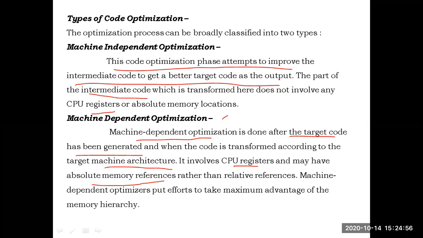But the machine independent optimization is done directly on the intermediate code, and in the intermediate code also it will transform only those lines in which absolute memory locations or CPU registers are not involved. These are the two major types of code optimization: machine independent code optimization as well as machine dependent code optimization.